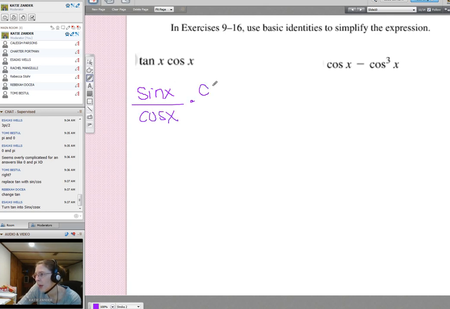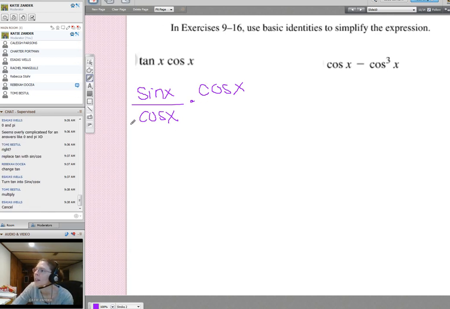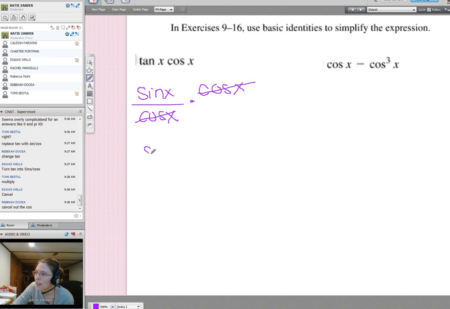We're still multiplying by cosine x. Ooh, yikes, a little bit crazy with the writing there. All right, then what can we do? I like that first step. Multiply, which means cancel out the cosines. Good. You're left with just sine x.